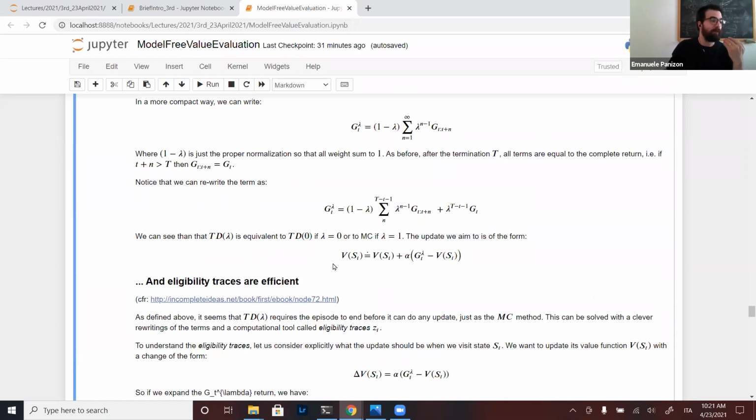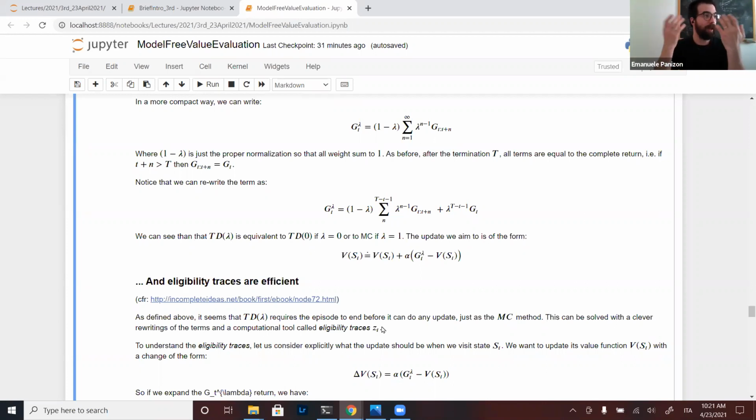Now, there is a way to deal with that, which deals with retaining memory of your past visits, and it's called eligibility traces. Okay, I want to split this next part into two parts. One is just hand waving, which is saying what eligibility traces are.